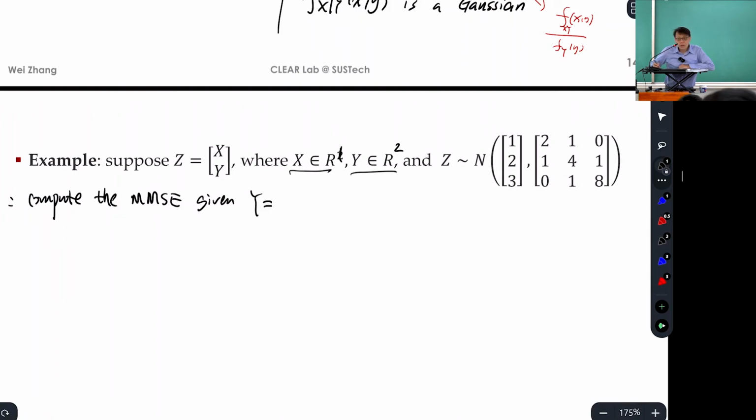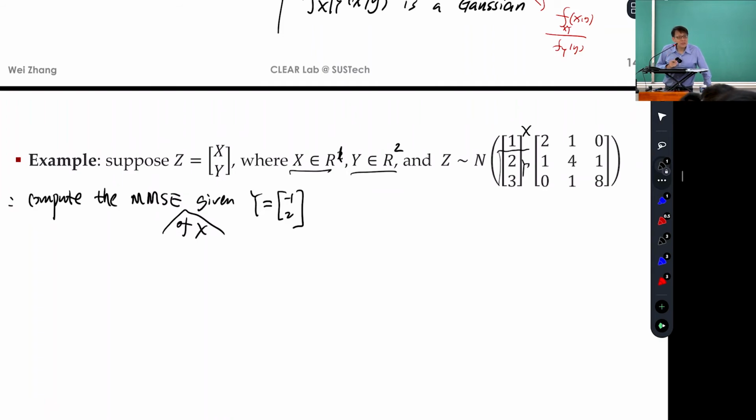Let Y be 2. The reason is that makes things fun. So this is my X part, this is my Y part. I divide into these 2 parts. What if I observe these 2 values of Y, what's the best estimate of X given Y equal to this?